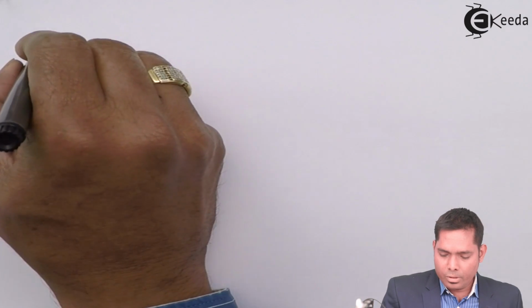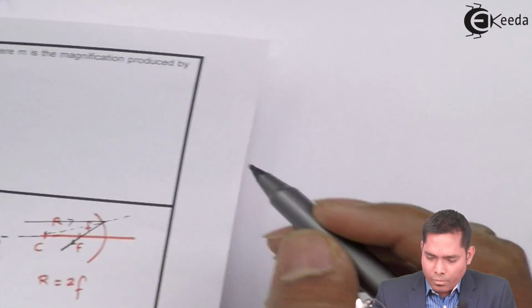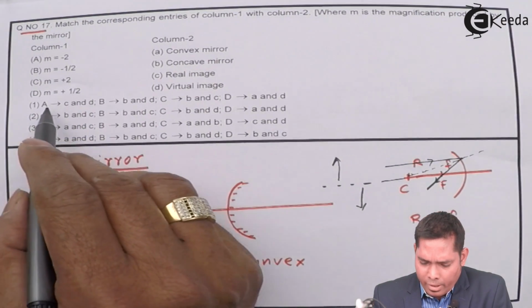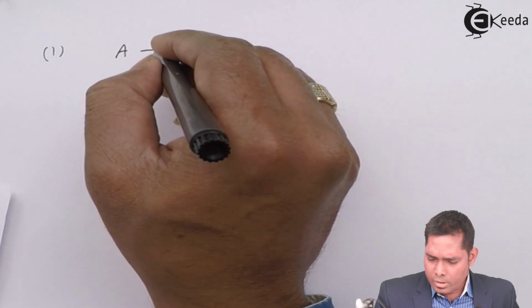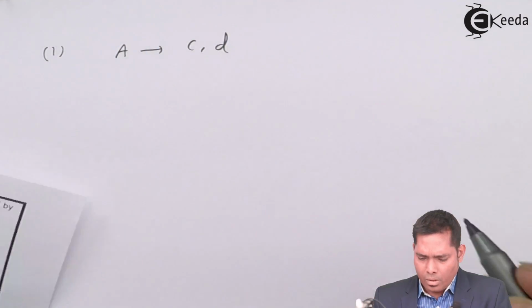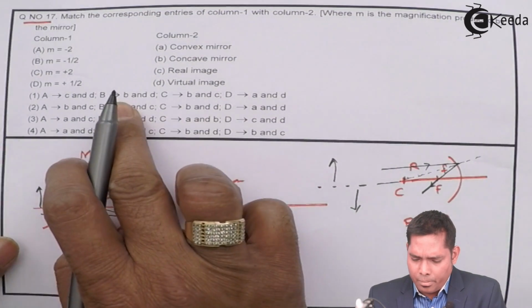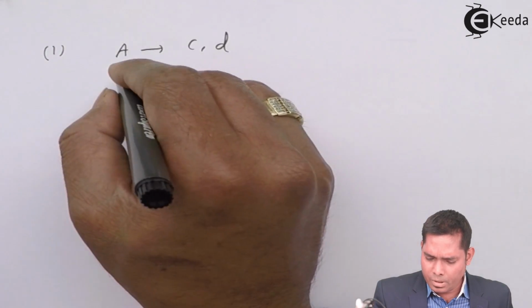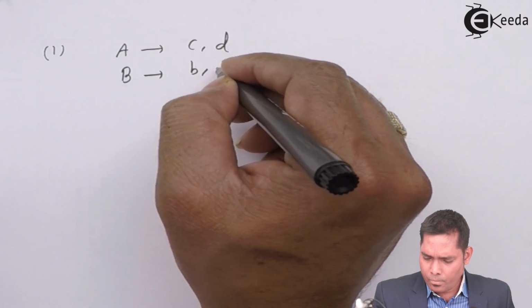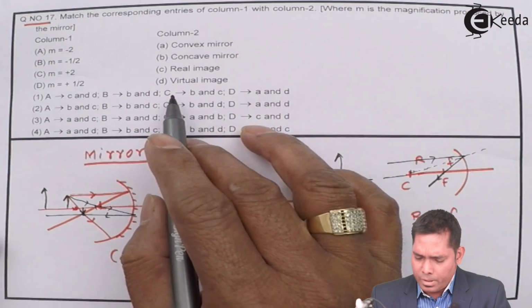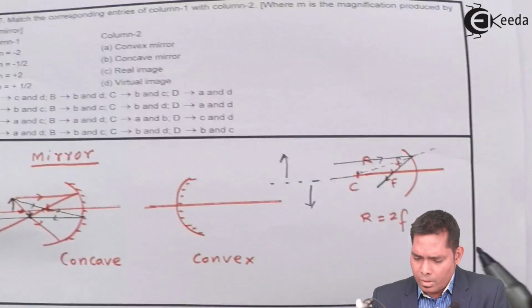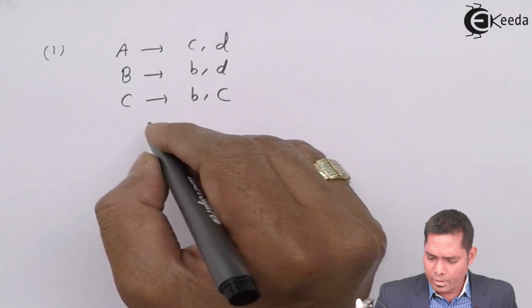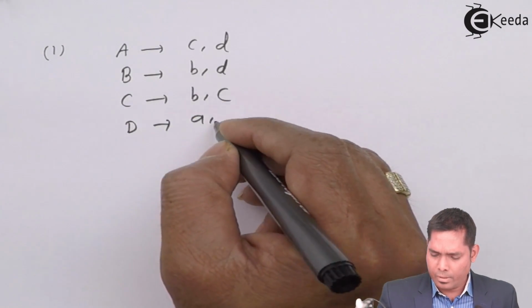So option number 1 says A is C and D, B is BD, C is BC, and D is AD.